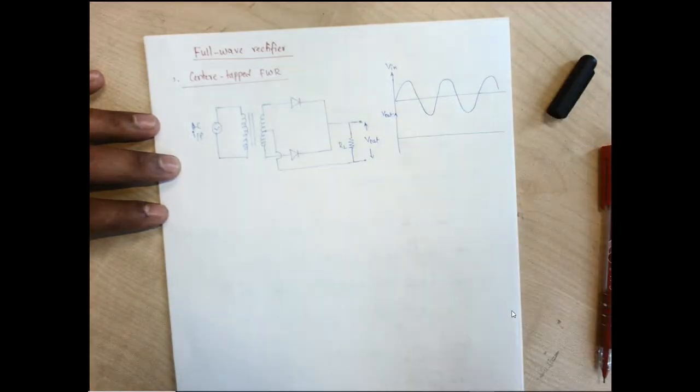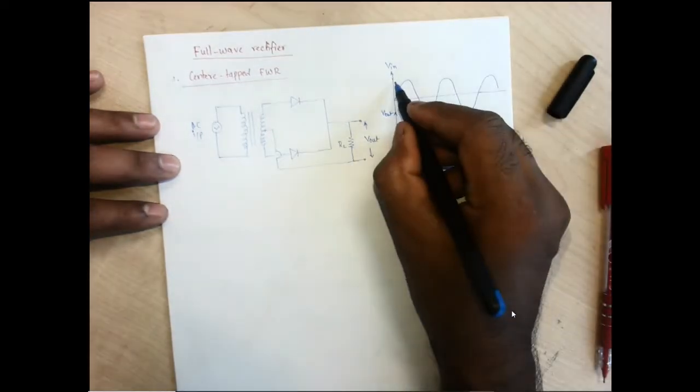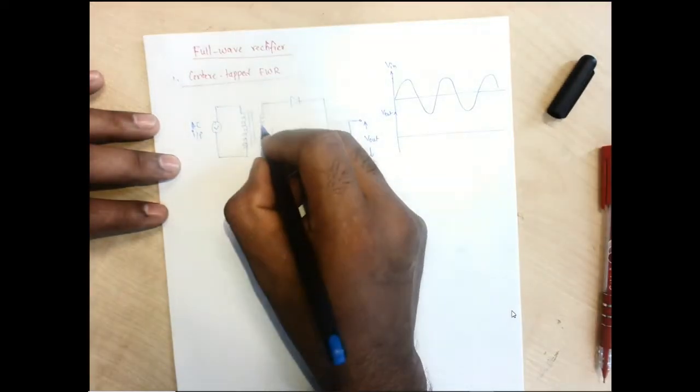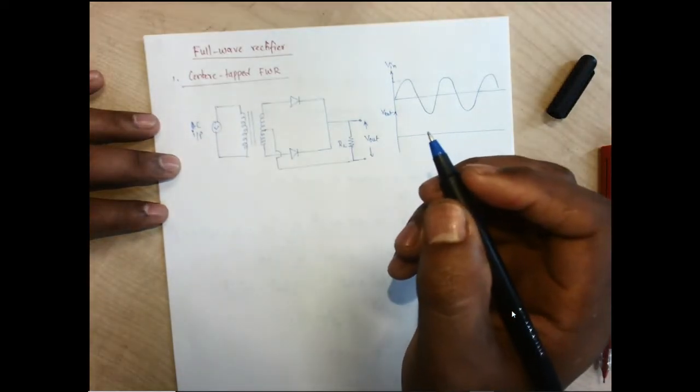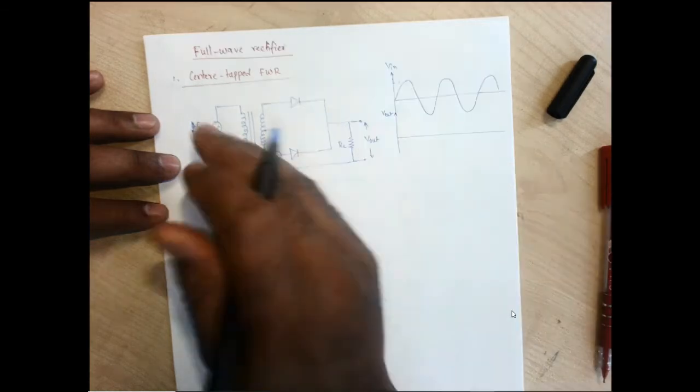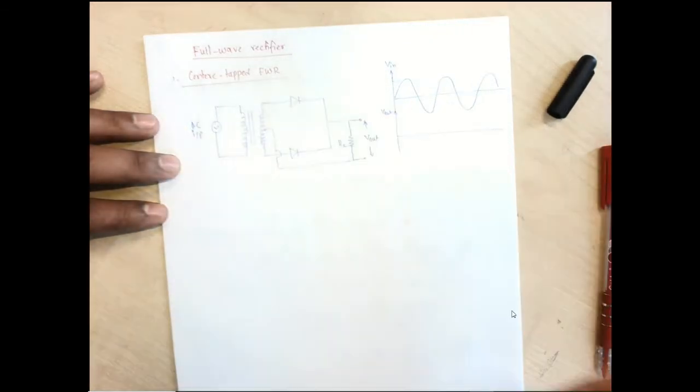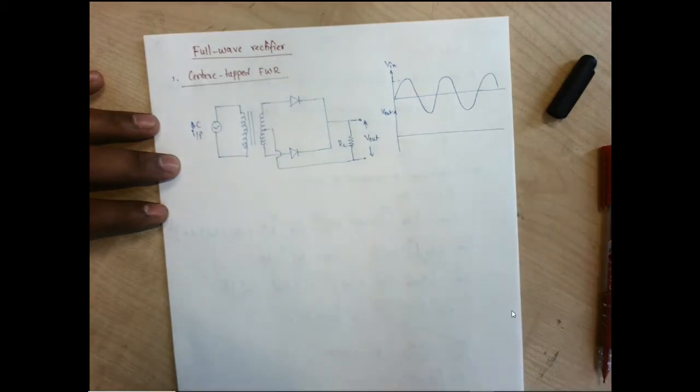So V out will not be exactly the same as the peak value of the V in, somewhat. For this case we are considering V in as the voltage across the secondary winding, because it has already been stepped down. So this step down voltage will act as the input for this full wave rectifier.